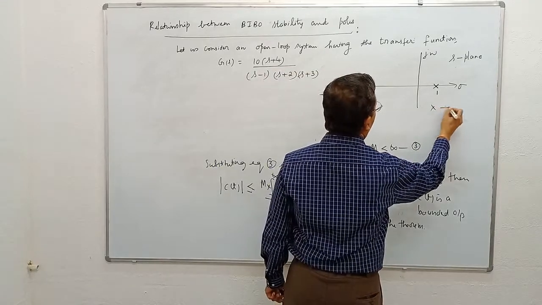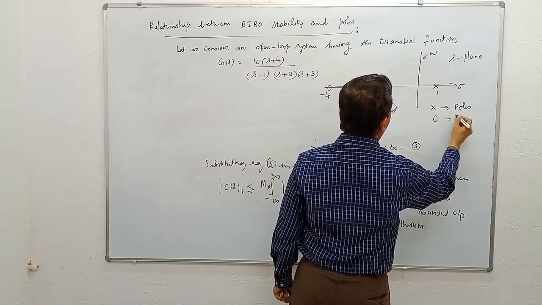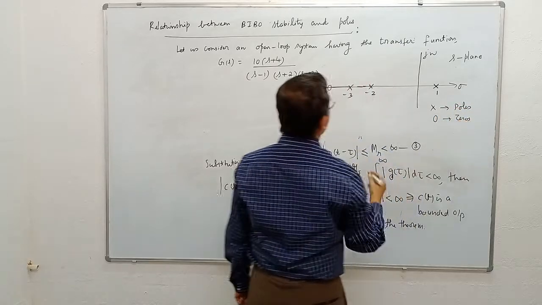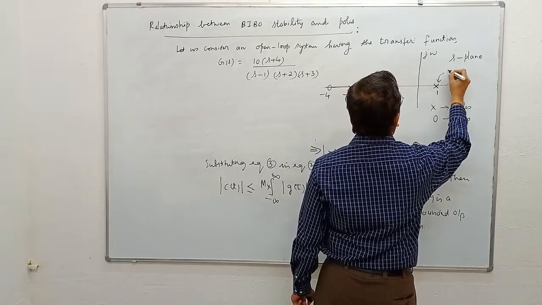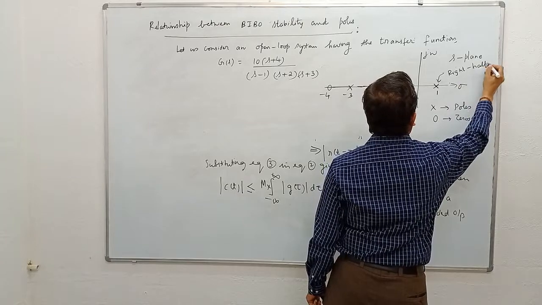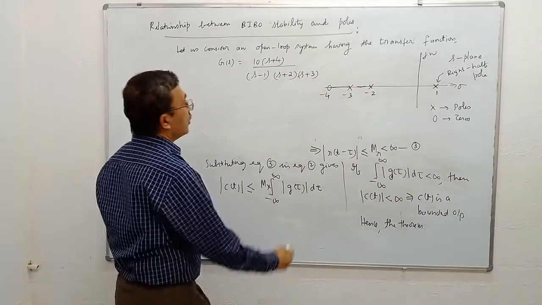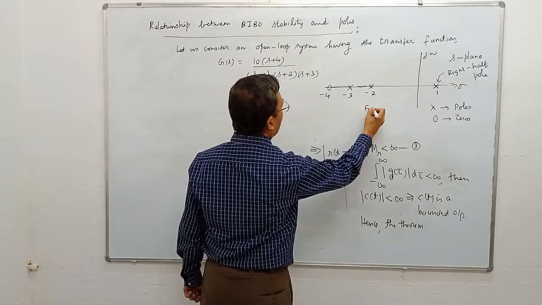This is the symbol for poles, and this is the symbol for zeros. So this is a right half pole, meaning a pole lying on the right hand side of the s plane. This I call figure number 2.